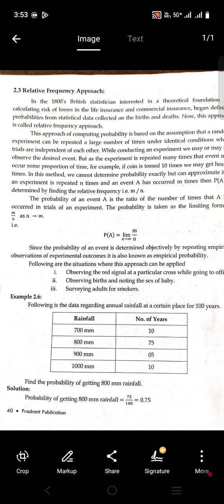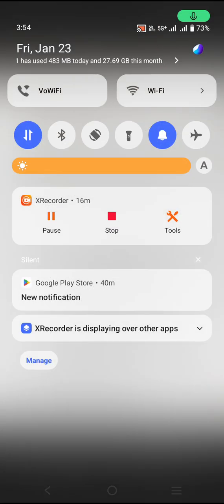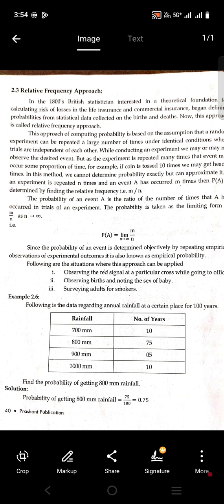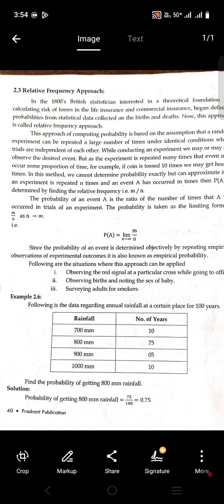Since the probability of an event A is the ratio of the number of times that A occurs in trials of an experiment, the probability is taken as the limiting form of m by n as n tends to infinity. Since the probability of an event is determined objectively by repeated empirical observation of experimental outcomes, it is known as empirical probability.